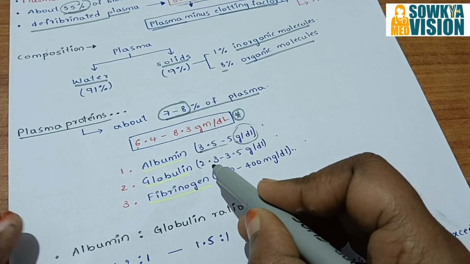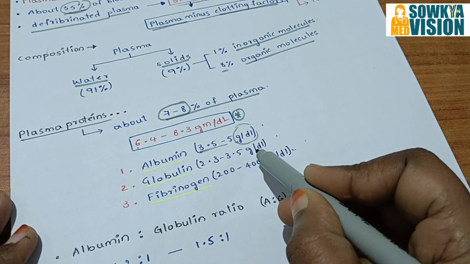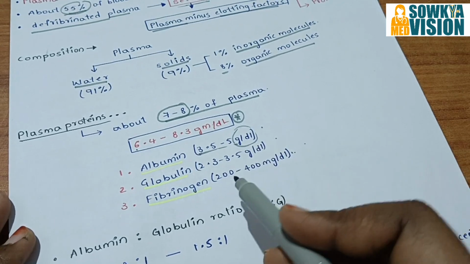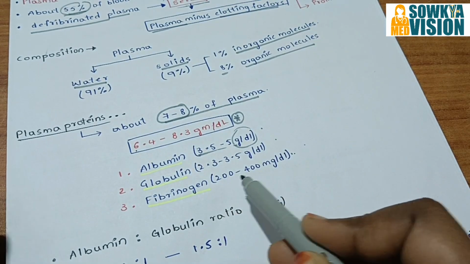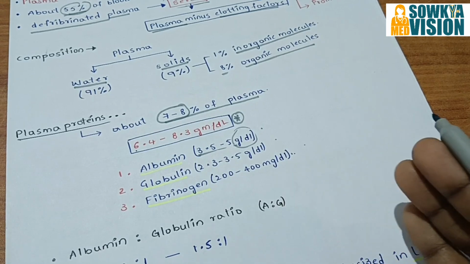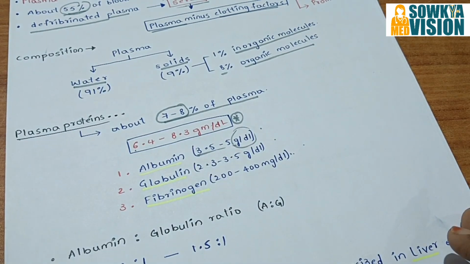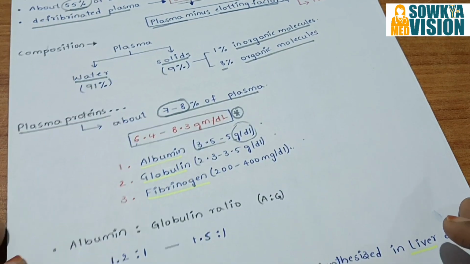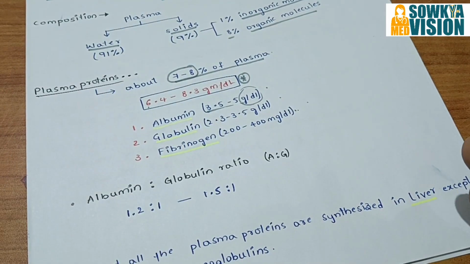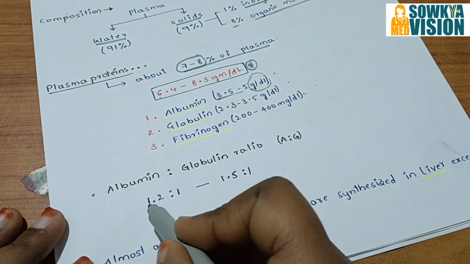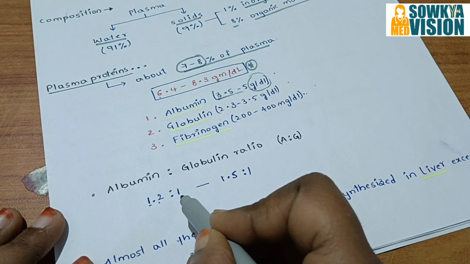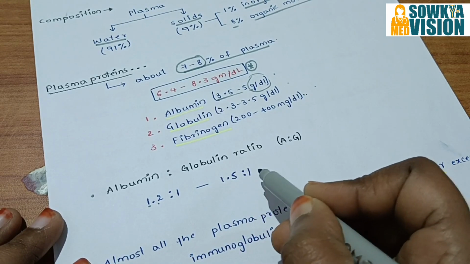Globulin is about 2.3 to 3.5 grams per deciliter, and fibrinogen is 200 to 400 milligrams per deciliter, which is very less compared to the other two. Albumin is more. Now, what is the albumin and globulin ratio? It ranges from 1.2 to 1 to 1.5 to 1.